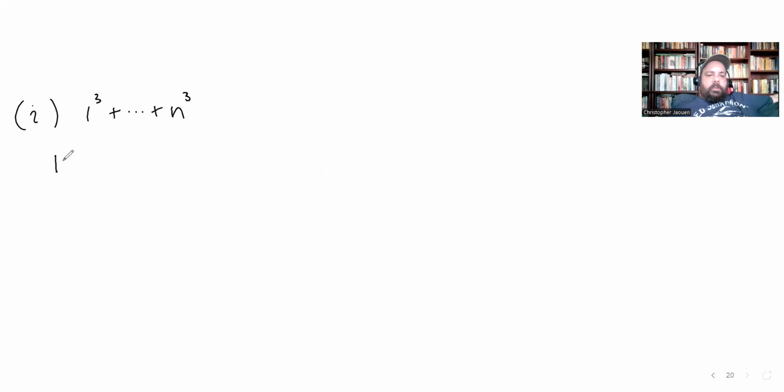In other words, (k plus 1) cubed minus k cubed. I'm sorry, to the fourth power. We want one power higher. Right, that's equal to 4k cubed plus 6k squared plus 4k plus 1.